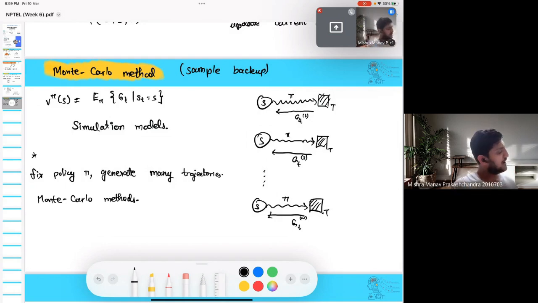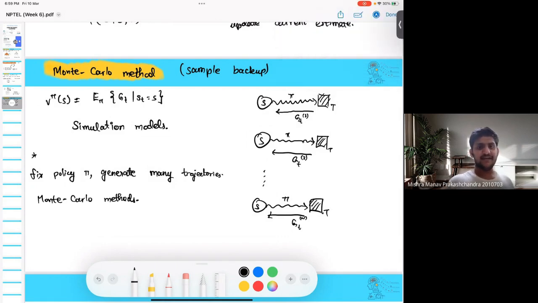Here, the trajectories give me the states as well as the reward, because eventually what I'm getting is my return GT. In the case of dynamic programming, I only get a value function for the new state, but I don't necessarily get a reward. So this is another advantage here.